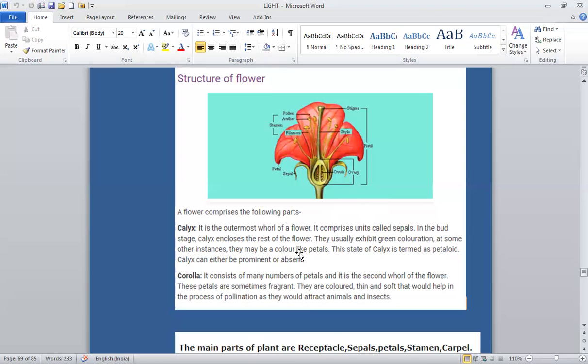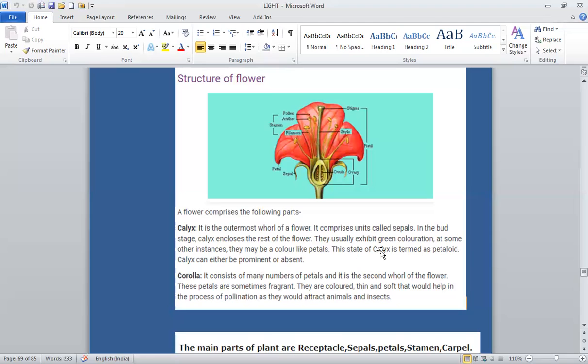You must all have seen a rosebud or any flower bud. Usually they are green in color because the sepals or the calyx enclose the complete flower inside them. They usually exhibit green coloration, but in some instances, they may be colored like petals.